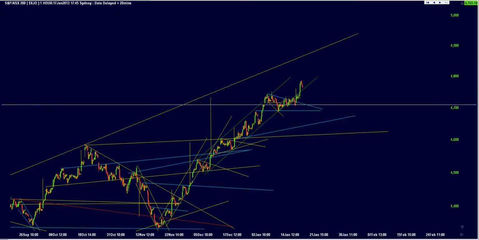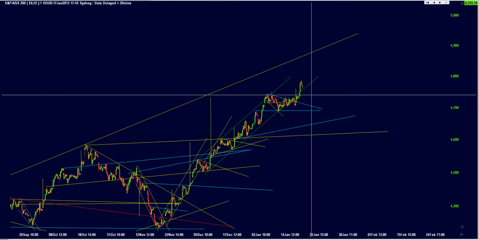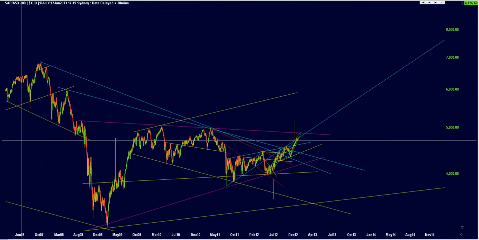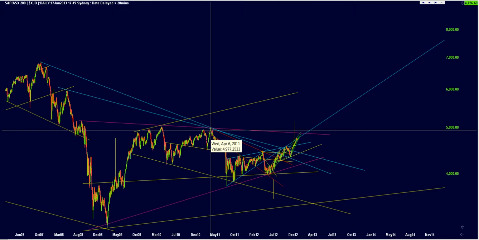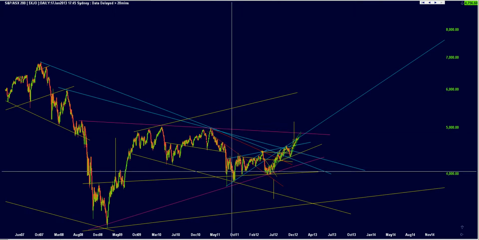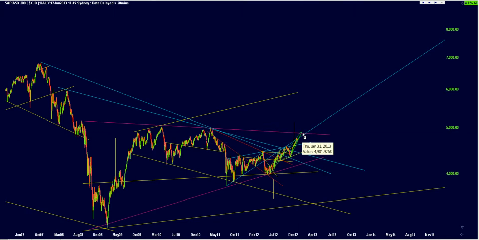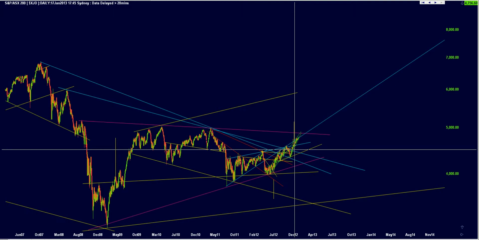If we have a quick look on the daily chart, let's just see the resistance areas there. Looking on a 6-year chart here, every time the ASX200 has tagged on this purple line here, we've had a really strong push down. A rally up, then a correction down. A rally back up to this level, then another push back down. So we're approaching that area now, and it does look as if we are rallying up in a rising wedge pattern.